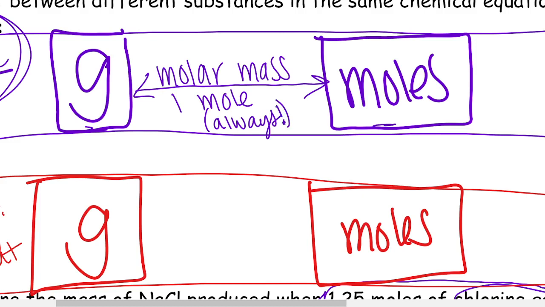Every single time you are doing molar mass, by definition, molar mass is 1 mole. So in your T-chart, next to moles, when you're doing molar mass, the number is going to be 1. But next to grams, that's where we need to look up the actual molar mass on our periodic table.